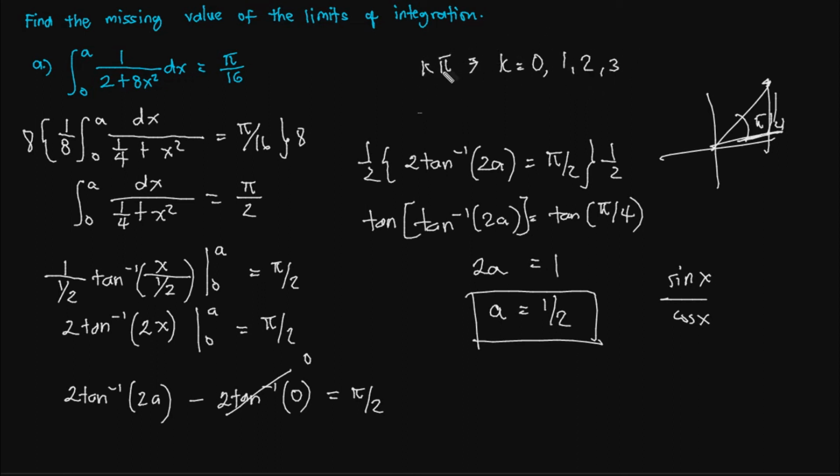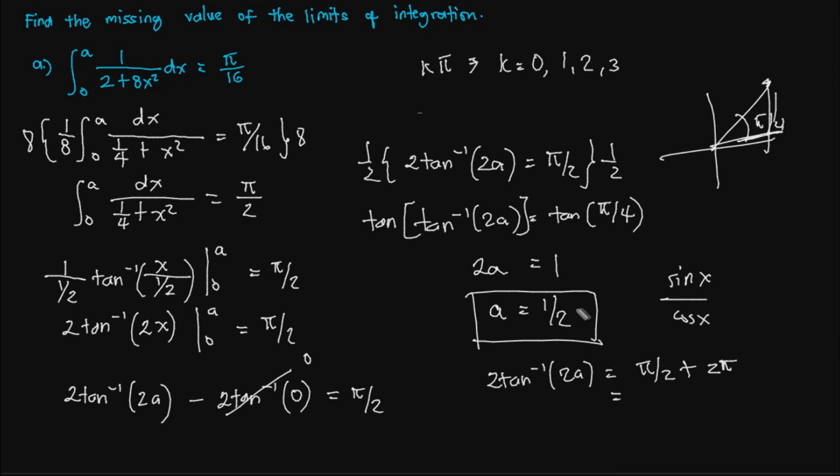For example, if your k here is 1, this becomes pi. So your solution here becomes 2 inverse tangent of 2a equal to pi over 2, and then you add 2 times the inverse tangent of pi. If you make this inverse tangent of 0 equal to pi, we can say that this becomes plus 2 pi.